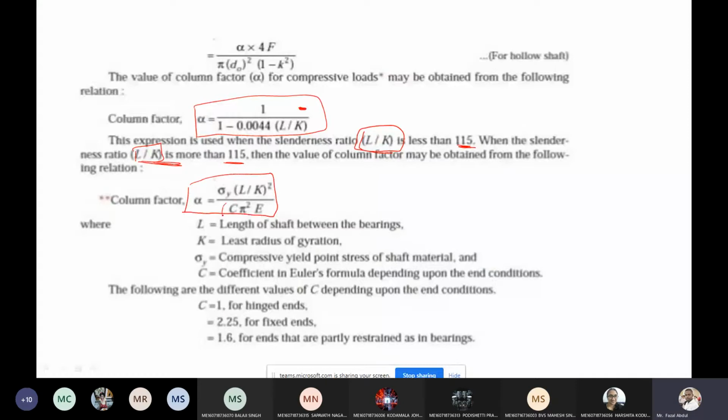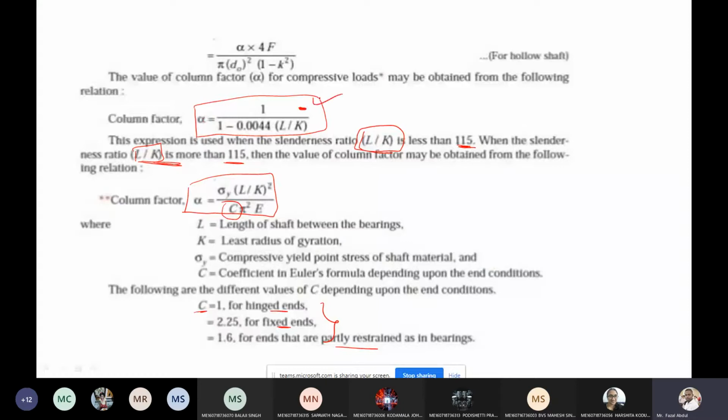Here C is the Euler's formula factor. Based on the end conditions, that is, both ends of the shaft hinged, both ends fixed, or partially restrained, meaning one end hinged and one end fixed, when you find such situations in a question, we need to take the corresponding C value. This column factor we need to use while solving the problem.